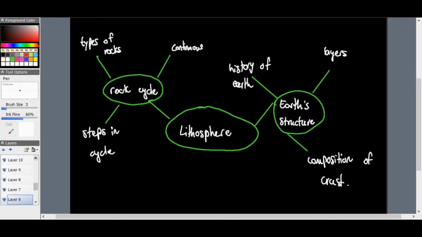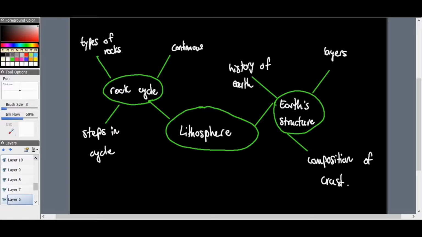And then we're going to go through the rock cycle. We're going to have a look at the different types of rocks that exist, which you will learn if you decide to take geography as well. We're going to have a look at the steps in the cycle, and we're also going to have a look at continuous. Cheers, Caitlin. So that's what we're going to break it up into.